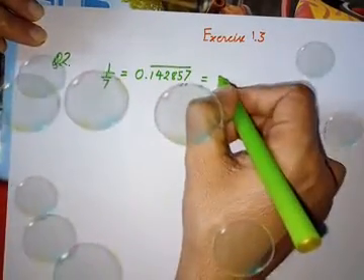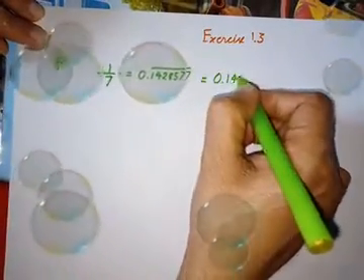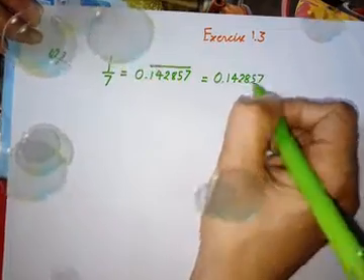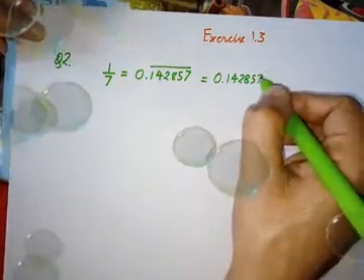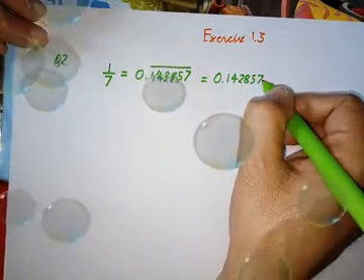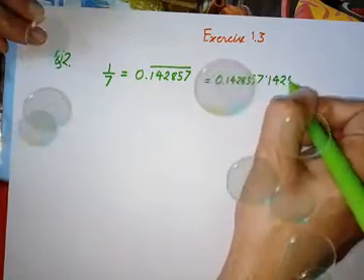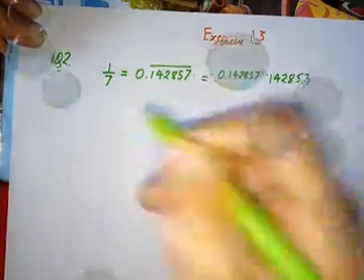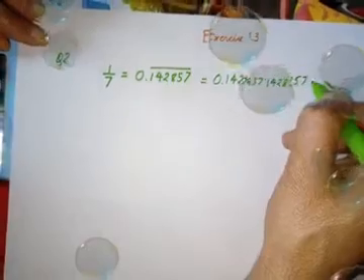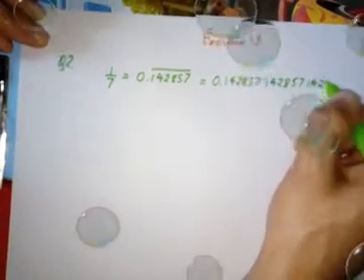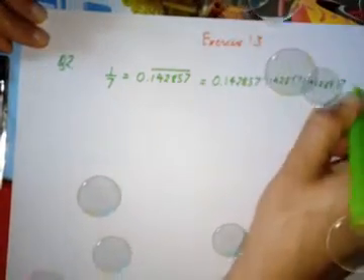So it means 0.142857 is a quotient, and when you divide further, you will get again 142,857, and again after this value you will get 142,857, and so on.